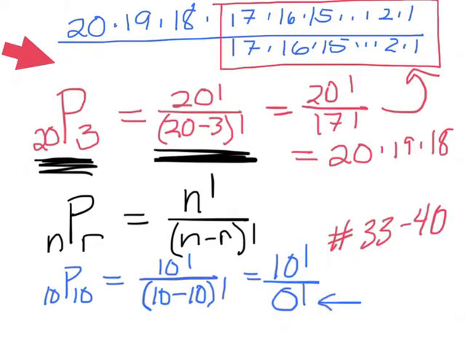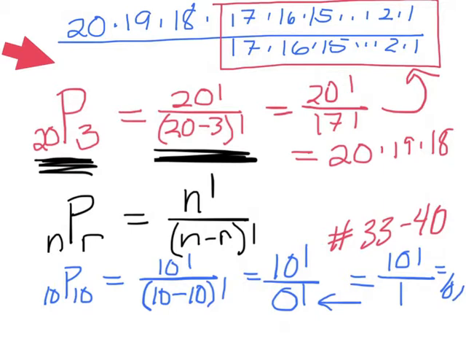Is that just 0? Well, it turns out in algebra there is a function that represents the factorials, and 0 factorial is actually equal to 1. So this expression is really 10 factorial divided by 1, or just whatever 10 factorial is equal to.